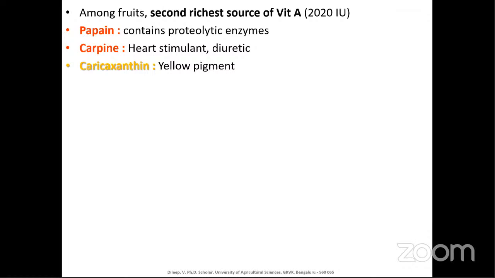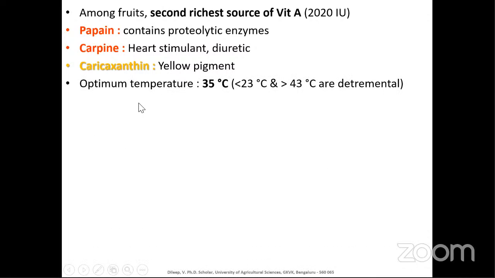The yellow pigment present in the papaya is caricaxanthin. So the optimum temperature for cultivation is a tropical crop, so very low temperatures are not suitable.